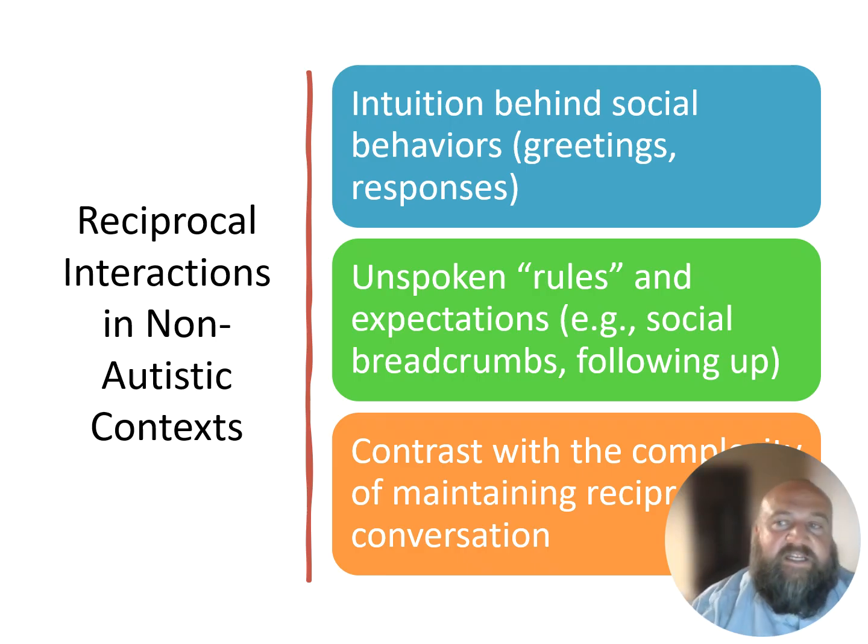So there's actually a lot of different individual parts of this reciprocity. One of the big ones is something you probably don't recognize, but there's this intuition that many people have, especially those who don't have ASD, behind social behaviors. And this is oftentimes greetings or responses, like rituals that we develop.